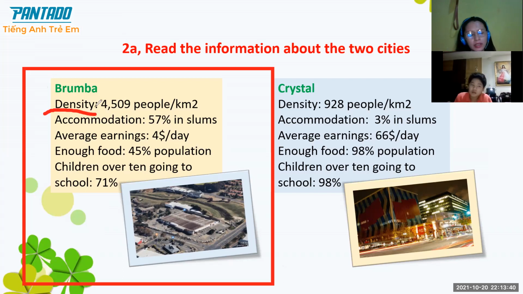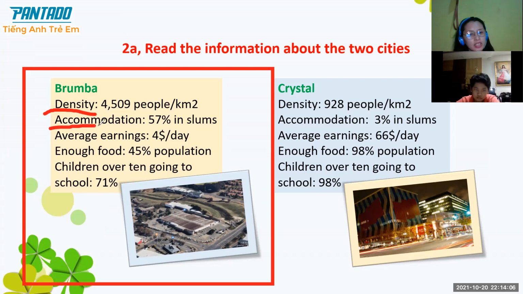What is the density? How many people are there? So when we talk about 4,509 people, that is 4,509 people over kilometers square. So when you say density, that is over the whole area, the people who are living there over the whole area.